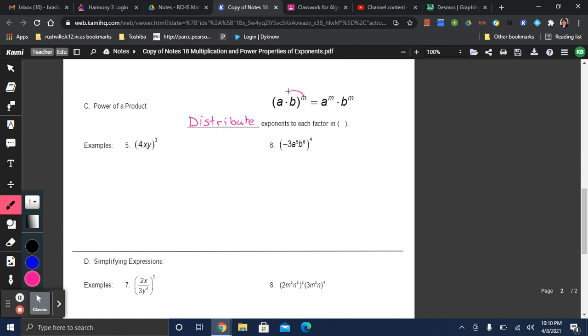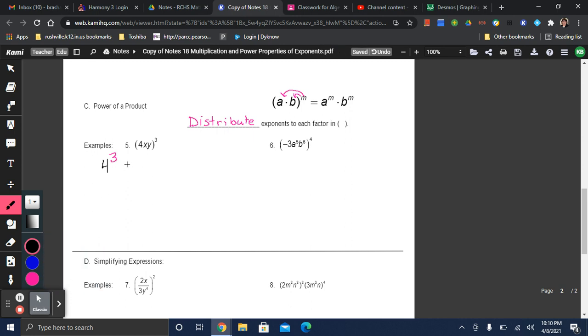So each factor inside the parentheses will be raised to that outside exponent power of m in this case. All right, so in the case of this one, we have 4xy as our base, all of it inside the parentheses to the 3rd power. So that means that our base 4 will be to the 3rd power.